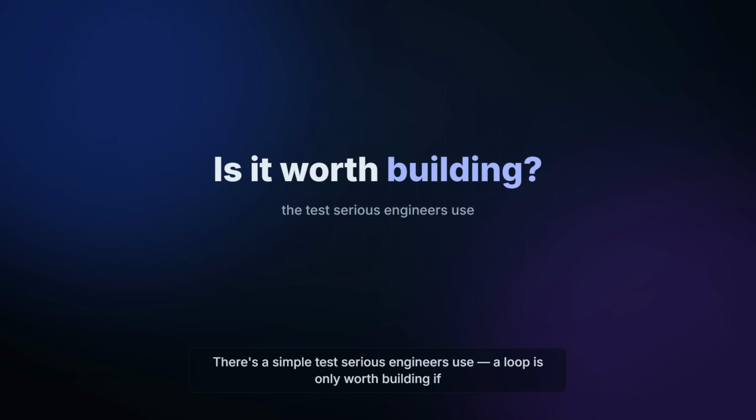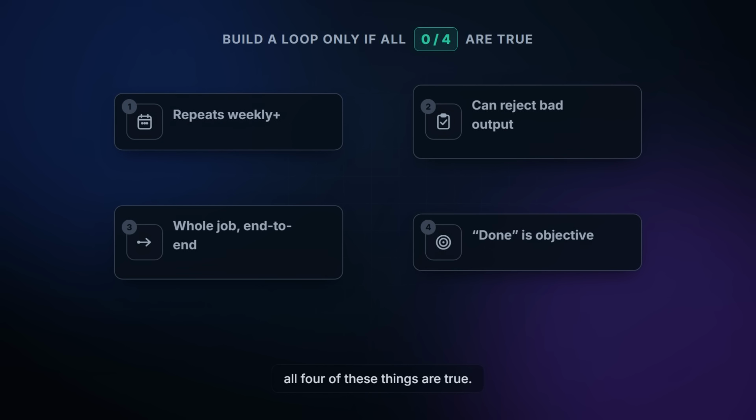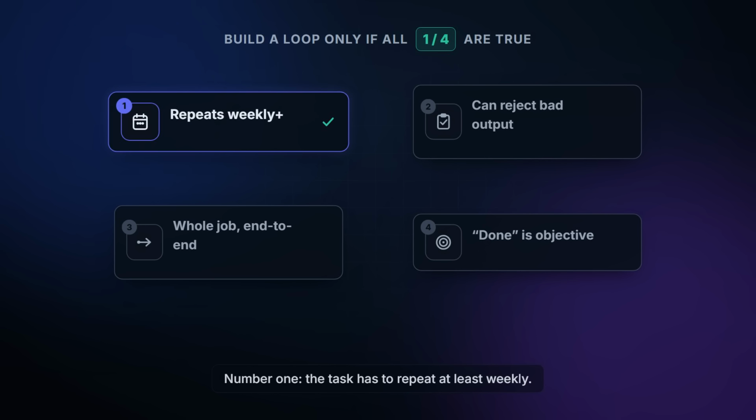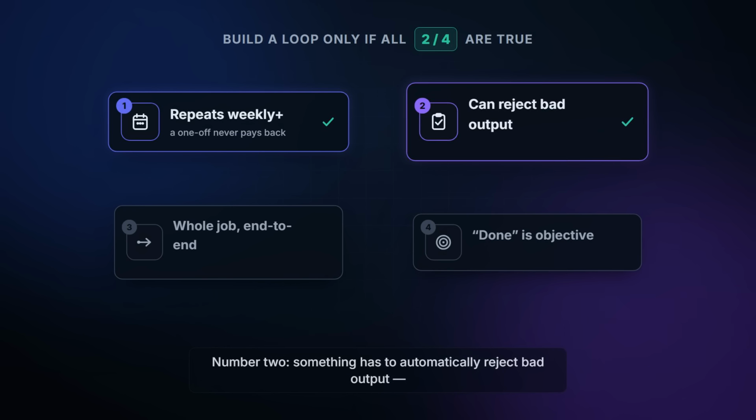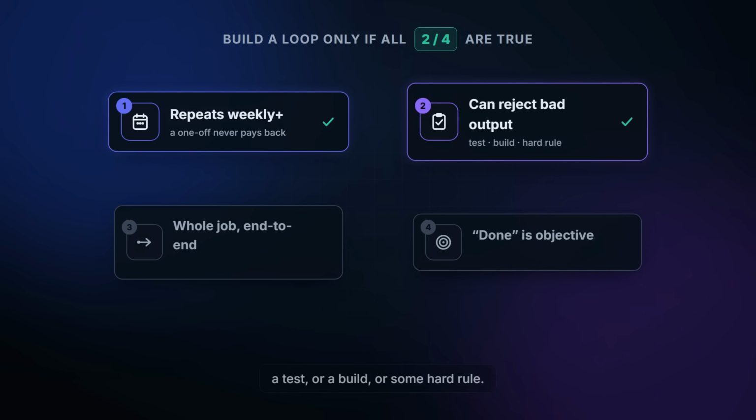Okay, so here's what those hype threads conveniently skip over. Most people don't actually need the heavy version of this. There's a pretty simple test the serious engineers use, and a loop is only worth building if all 4 of these things are true. Number 1, the task has to repeat at least weekly. If it's a one-off, the time you spend setting it all up never pays you back. Number 2, there has to be something that can automatically reject bad output, like a test or a build or some hard rule.